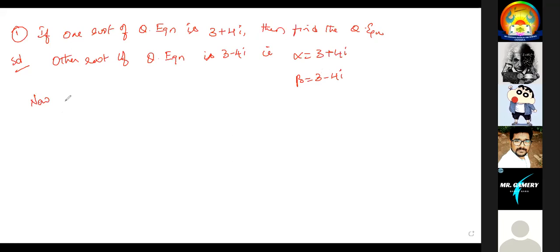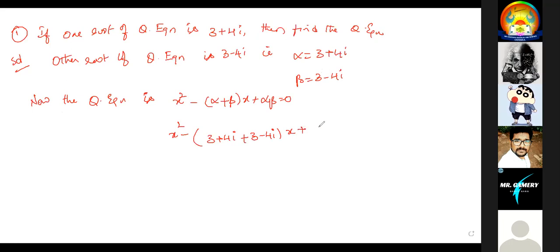Now the quadratic equation is x square minus (alpha plus beta) into x plus alpha beta equal to 0. That is x square minus (3 plus 4i plus 3 minus 4i) into x plus (3 plus 4i) into (3 minus 4i) equal to 0.